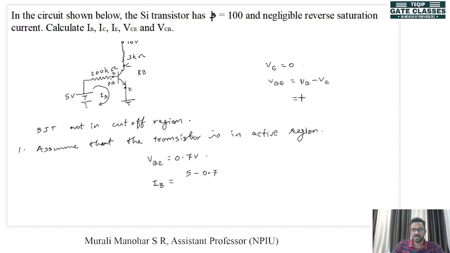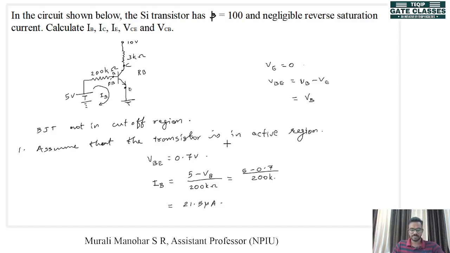So if VE is 0, VB and VBE will be the same, right? So IB is actually, let me write the equation. This is now 5 minus VB divided by the resistance 200 kilo ohm. Now the value will be 5 minus 0.7 divided by 200k, and this value of IB will be 21.5 microampere. Okay, clear?